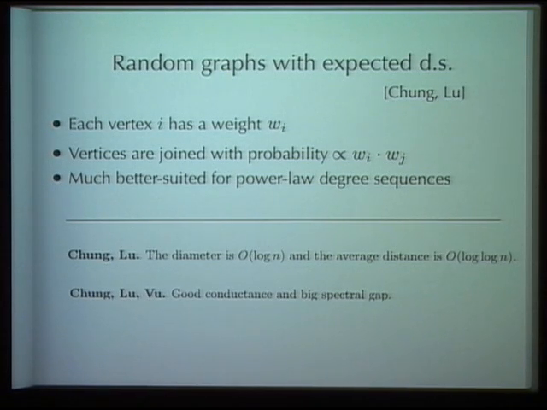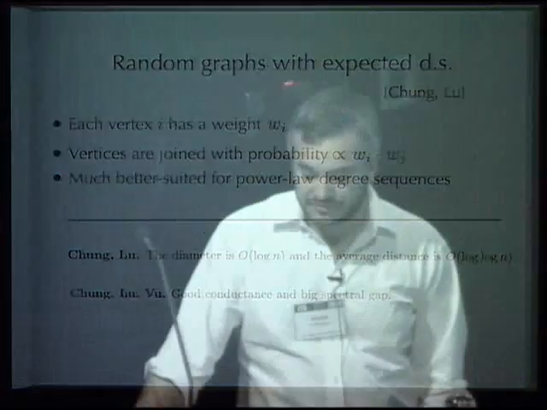But again, I think that the spirit of this graph is quite similar. Their diameter is logarithmic. Their average distance, in fact, is even better, it is log log n, if you have high degree vertices acting as hubs. And then later, Chung, Lu, and Vu showed that there is good conductance and a big spectral gap in this graph. So the short version is that insisting that the degree sequence obeys what your actual network has, but leaving everything else to be random, still leaves way too much randomness lying around.